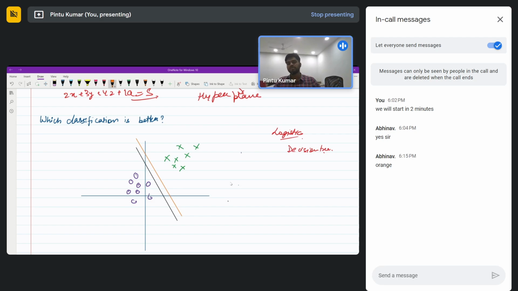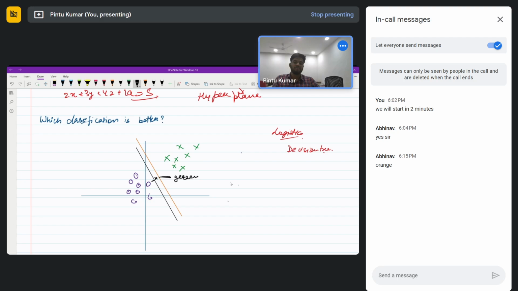Yeah, the orange line is a better classifier because let's say a point belongs here. The black line would predict it to belong to the green class, but this is pretty close to the purple class, right? So the confidence with which I am predicting this to be the green class is very low.